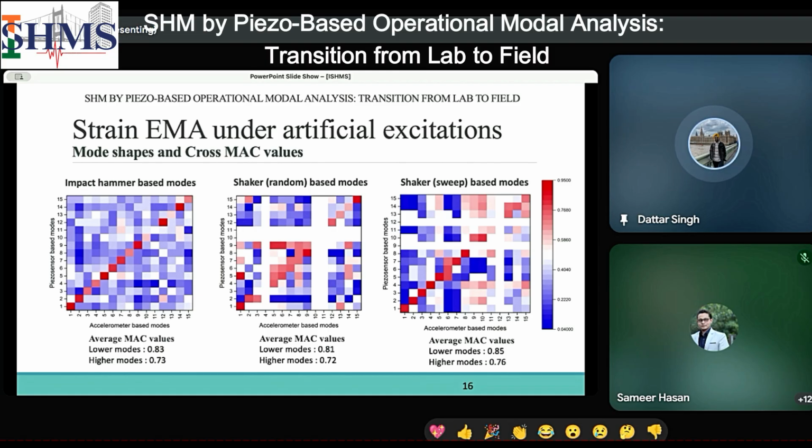And again, the cross COMAC values are highest for shaker sweep based excitations, followed by impact hammer based excitations, and then random based excitations, indicating shaker based sweep excitations are most effective at capturing good quality mode shapes.